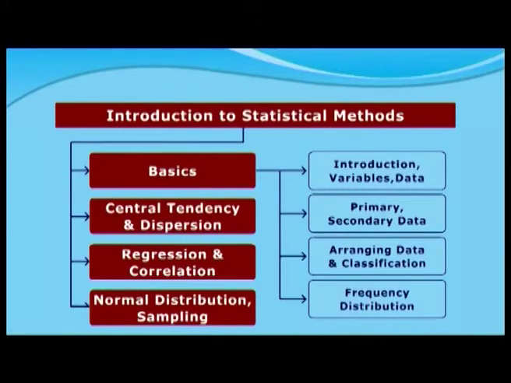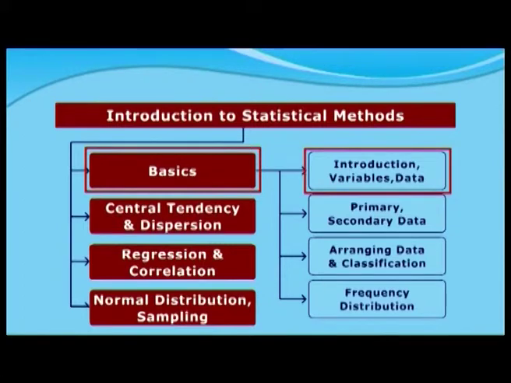Introduction to statistical methods. Statistical methods are broadly classified under four headings: basics, central tendency and dispersion, regression and correlation, and normal distribution sampling. In the basic stage, the statistical analyst would look into collecting information with respect to the variable information that he needs in the form of data.